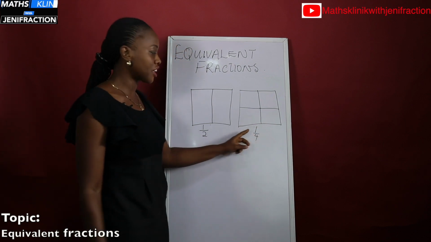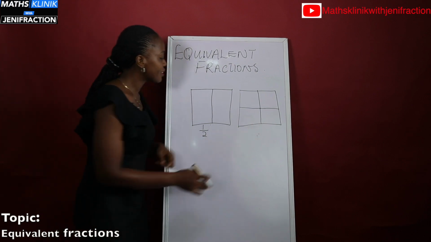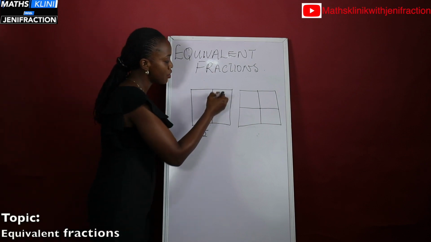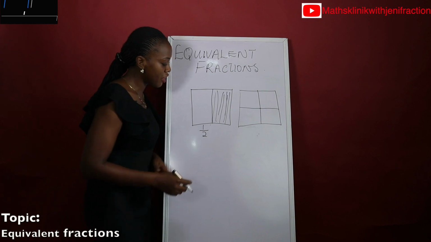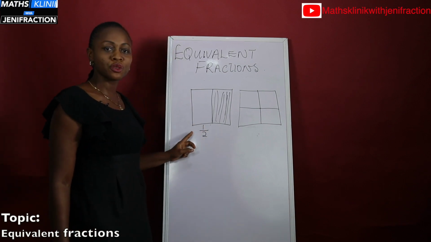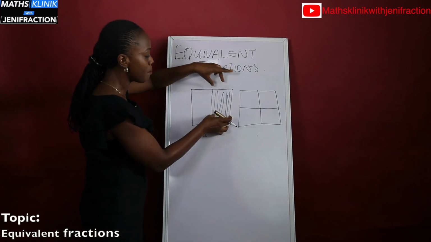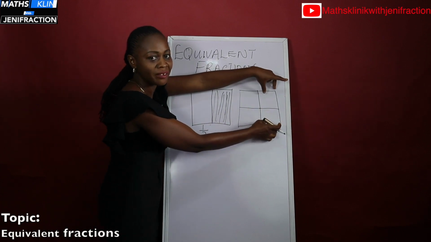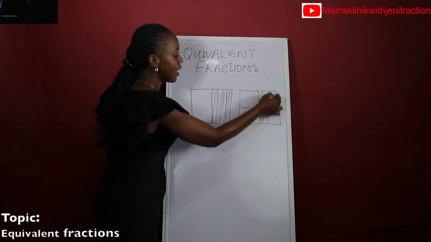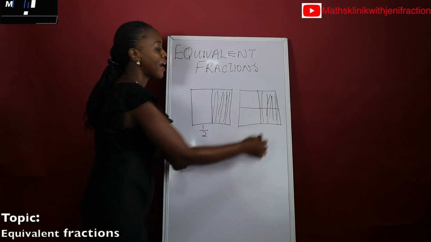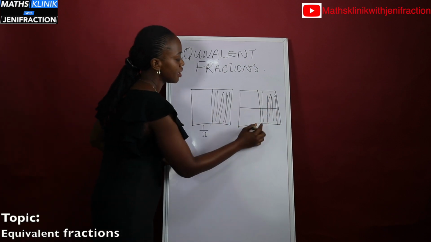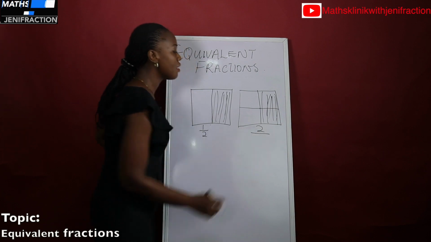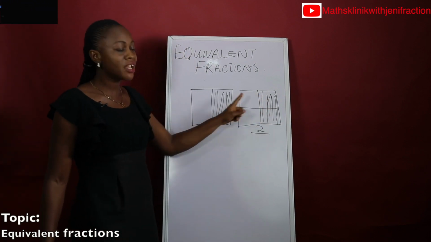That is each fraction. But do you know that this is 1 part? I want 1 part. That was how I got my 1 out of 2 parts. Now, this same 1 part is what I have here. How many parts did I shade? I have 1, 2. That is 2 out of 1, 2, 3, 4.